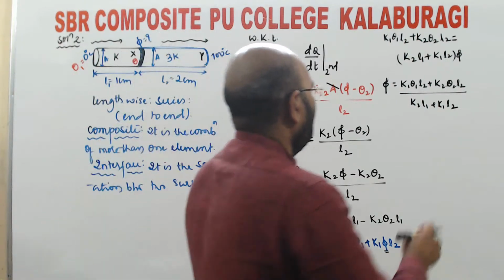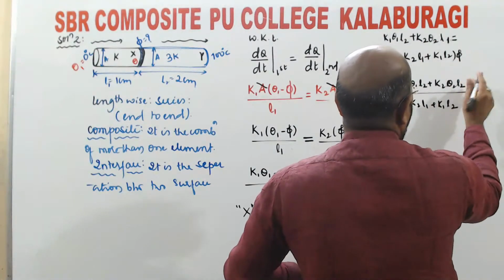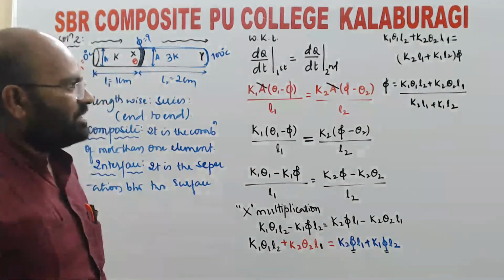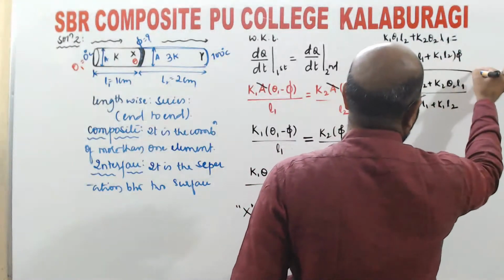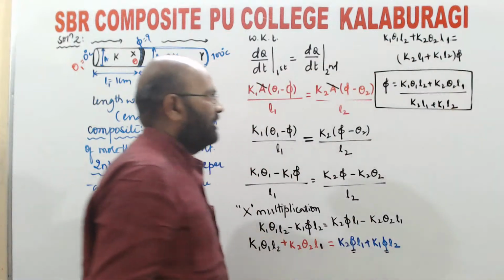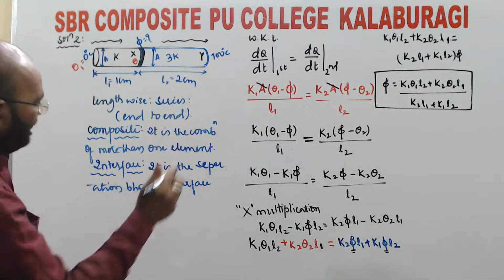Sorry, this will be L1 and this will be L1. Now you can substitute the values into this formula for finding the given interface temperature.